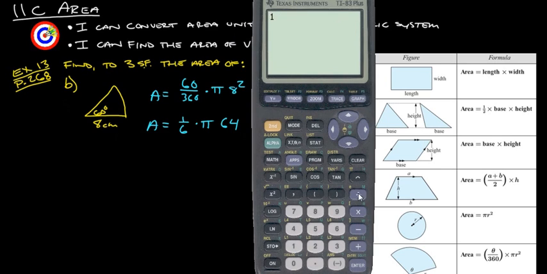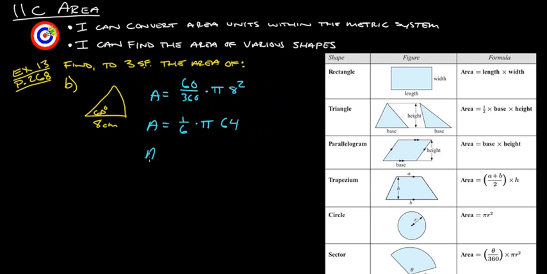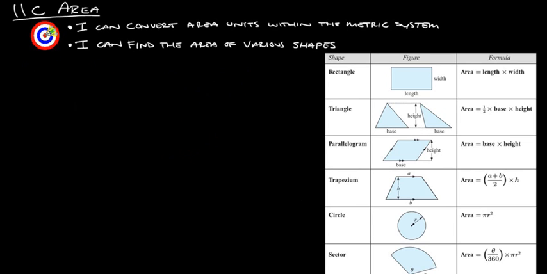So 1 divided by 6 times pi times 64 gives us that the area is, to 3 significant figures, 33.5 centimeters squared. Alright? Alright.